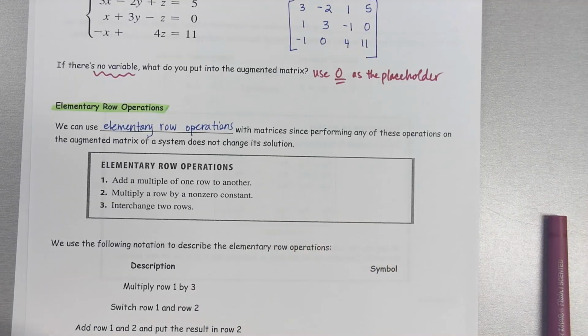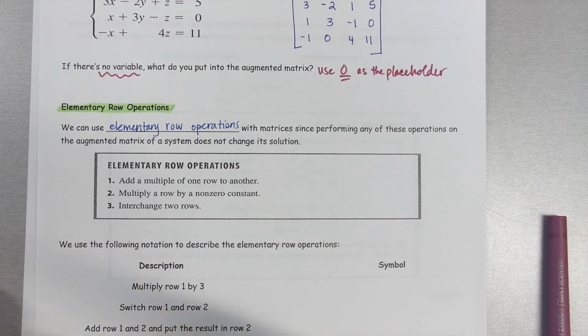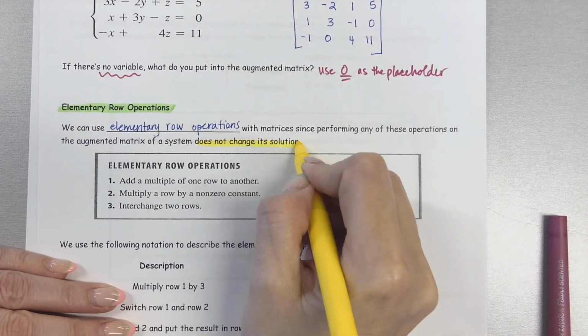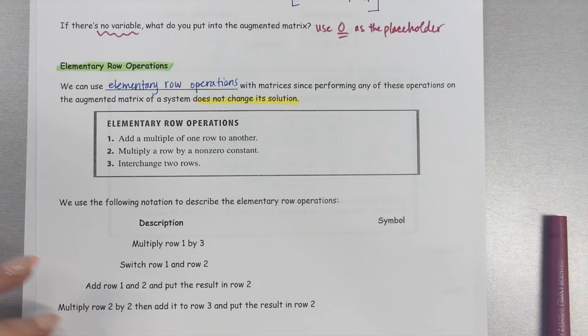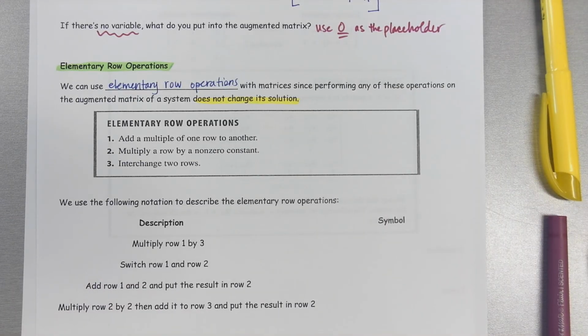Because if you use one of these, it does not change its solution. That's why we're allowed to do it. So we can use these elementary row operations because they do not change the solution.